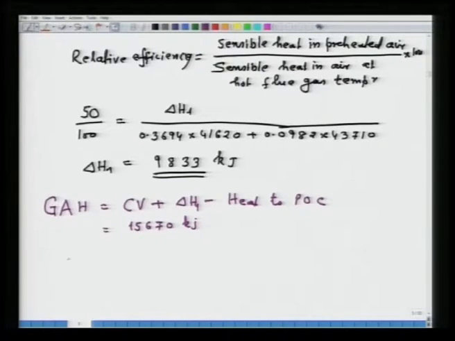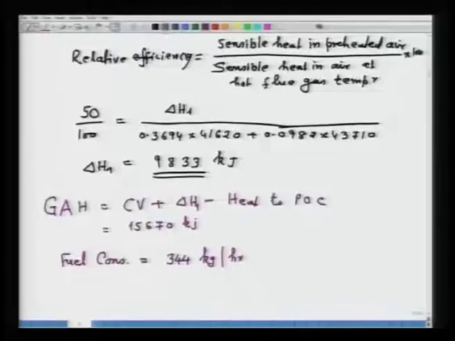Now, I can calculate fuel consumption. Heat requirement is the same, 1.5 into 10 to the power 3 kilowatt. I illustrated through the earlier formula. So, this fuel consumption now will be coming 344 kilogram per hour. What do you think now, my dear friends?